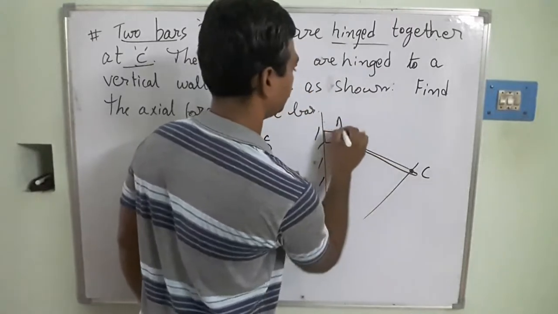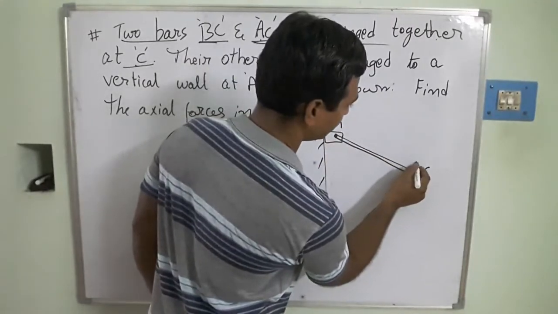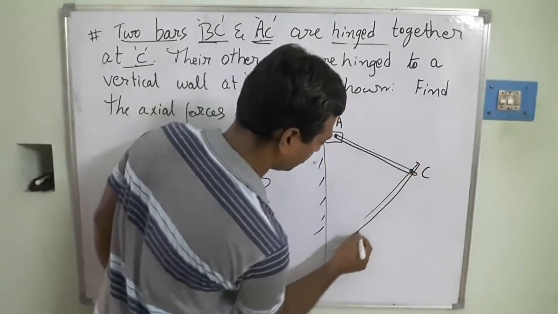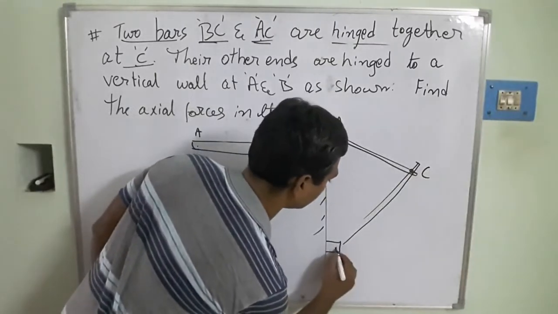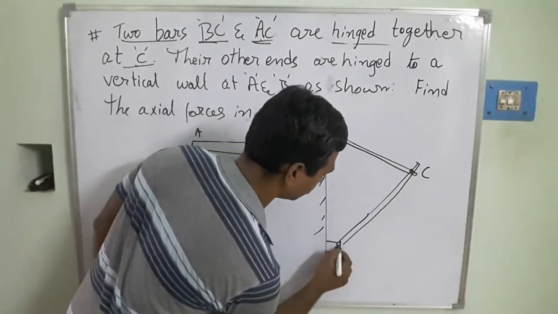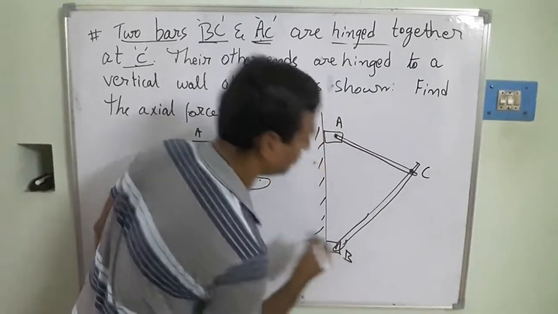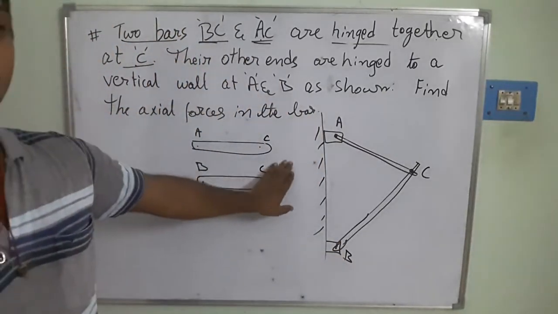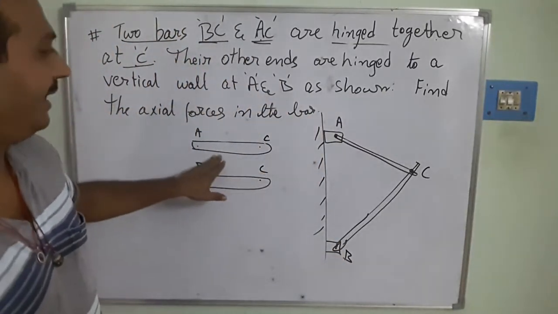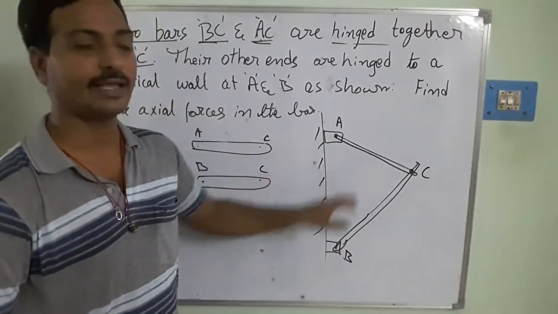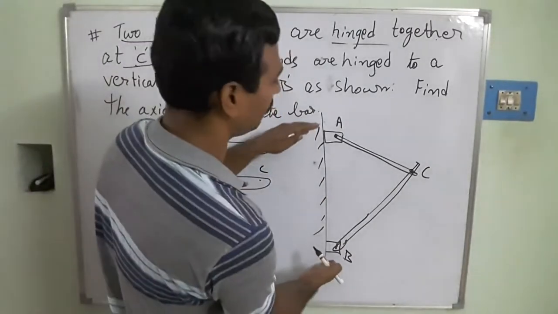So this point is A, and similarly this is your B. So in this diagram, from the given data, we have framed the diagram. What is the distance between A and B?